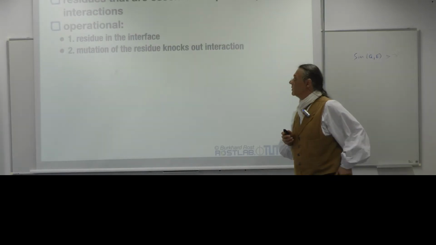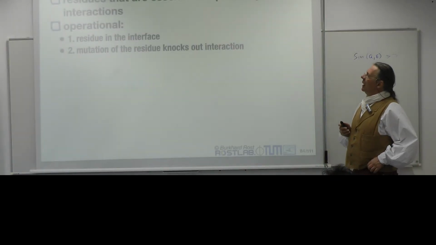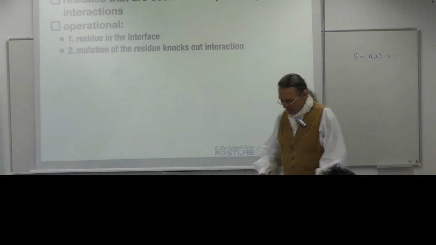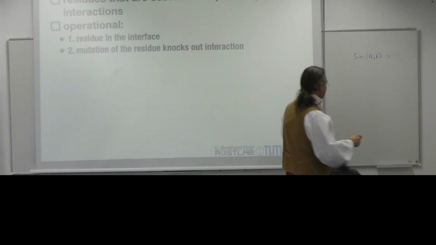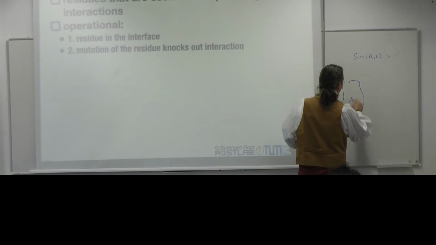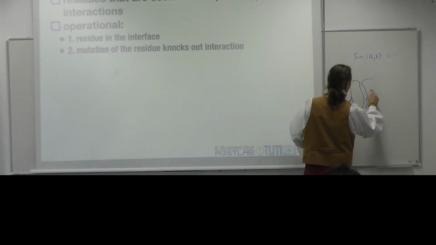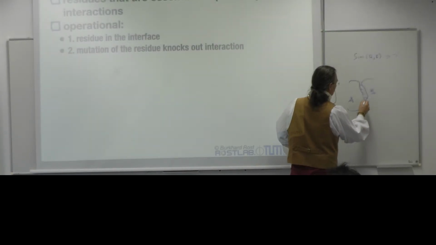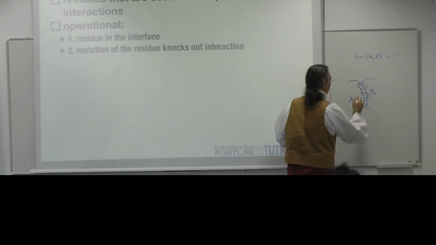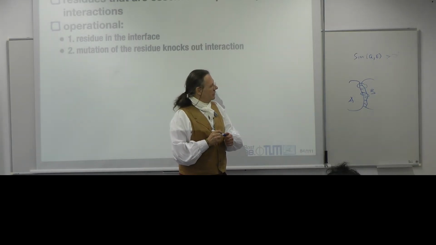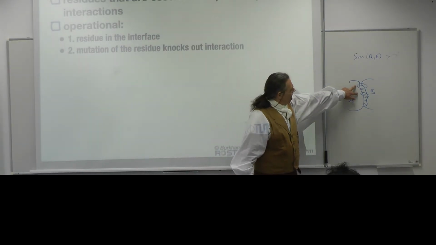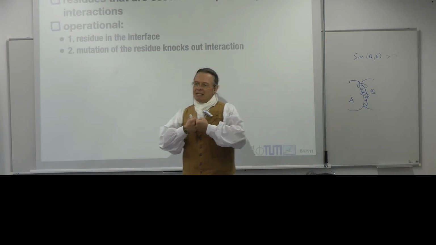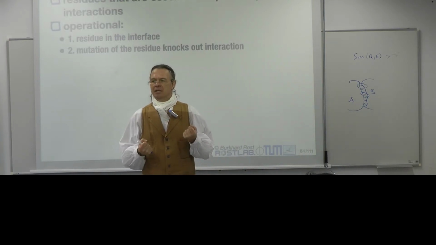Hotspots, PPI hotspots. The idea is essentially that you have an interface between two proteins, protein A and protein B, and you see there's a lot of interacting residues. A hotspot, and they do not have to be close in sequence or in 3D, would mean that a residue contributes to this interaction energy much more than the others.